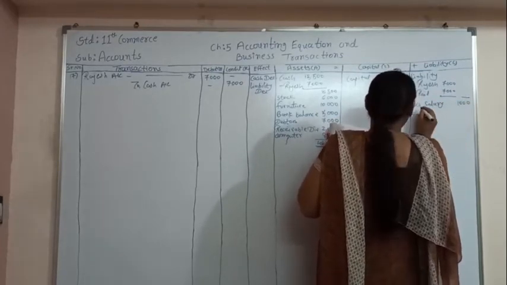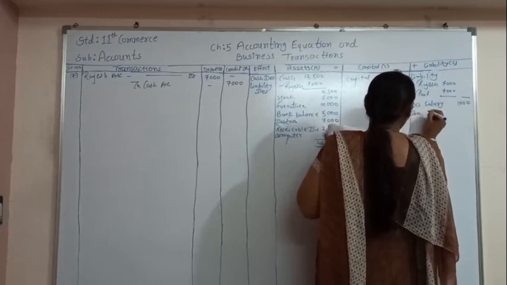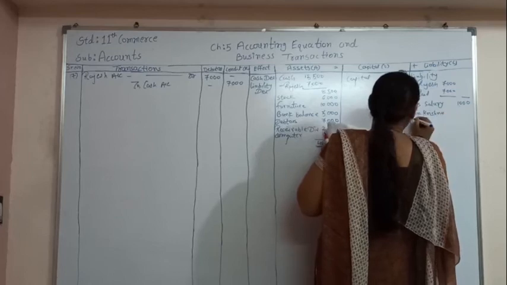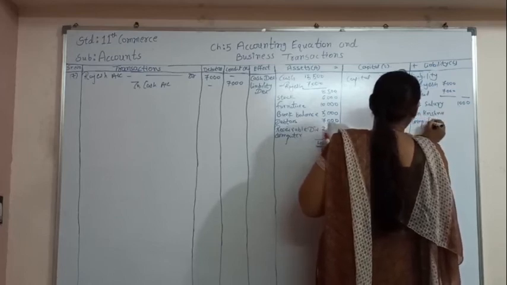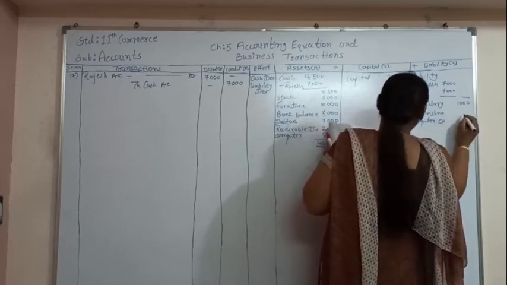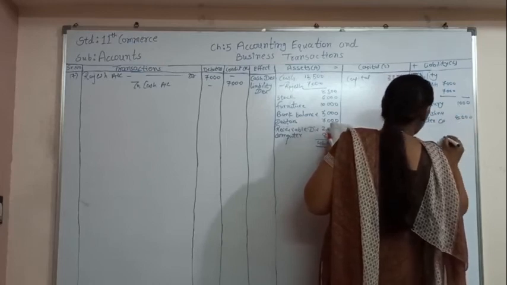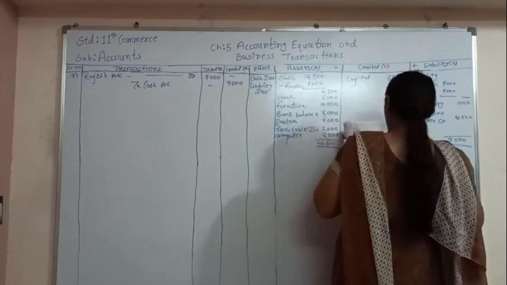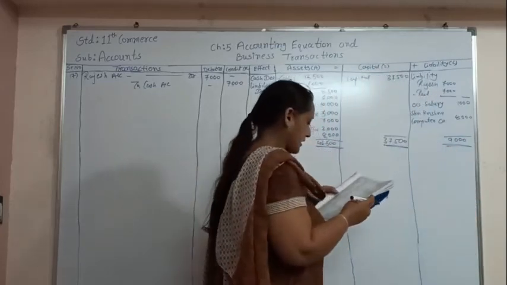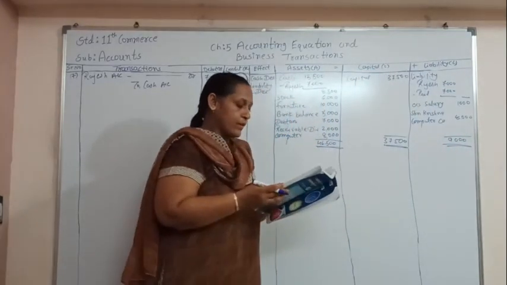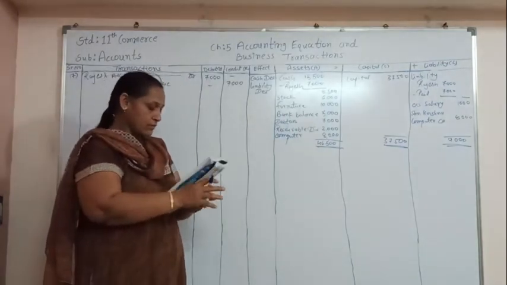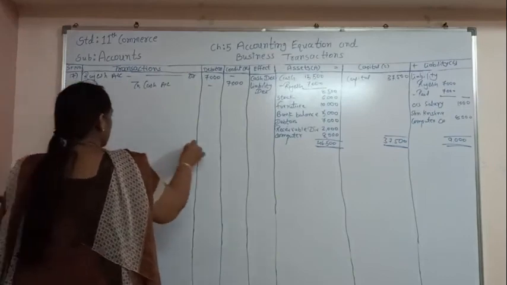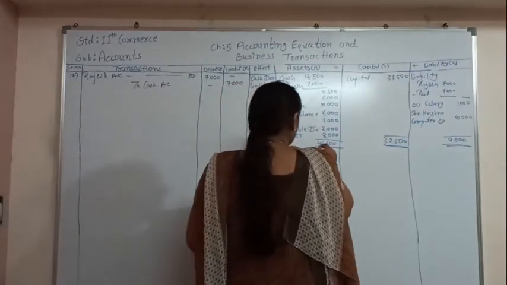And Sri Krishna Computer Company, so that will be 8,000. So the total liability will be 9,000. So 37 plus 9, it will be 46,500. So this is the transaction. Now let's see the next transaction.